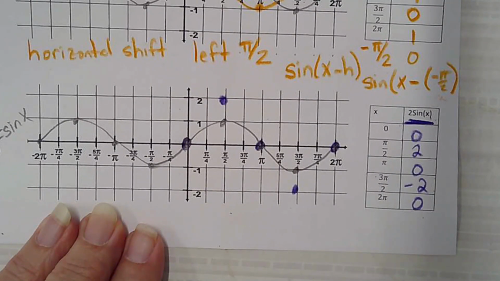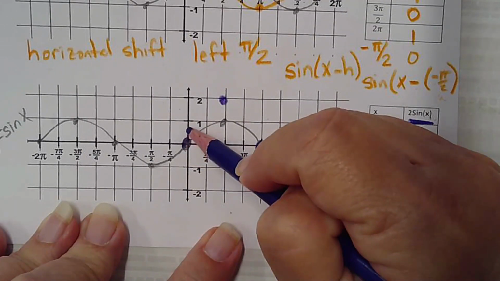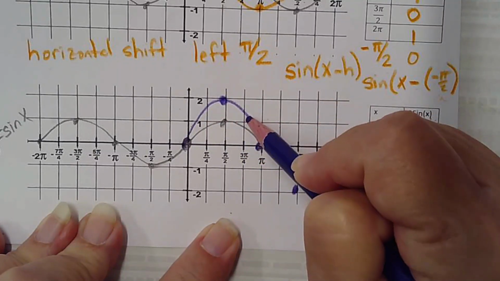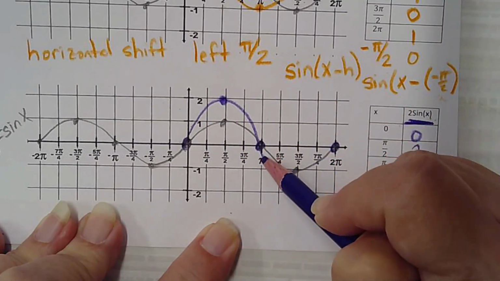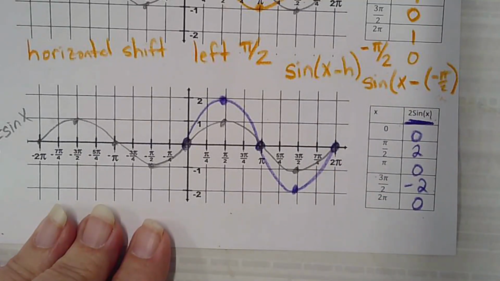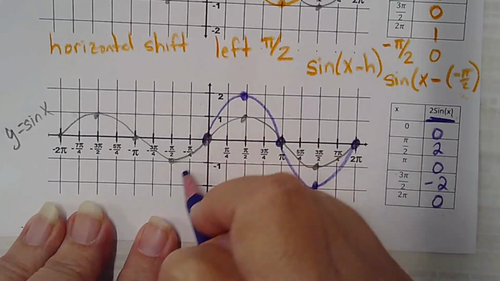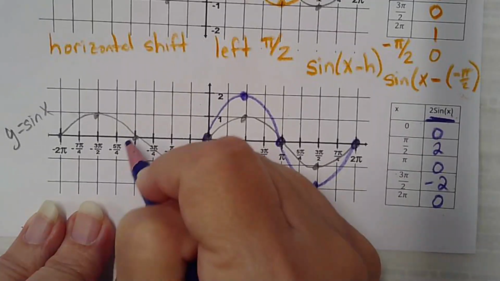All right. So now we're going to trace our sine curve. This is going to make a taller hill and then a lower valley. So I'm going to go to the same places on the other side.